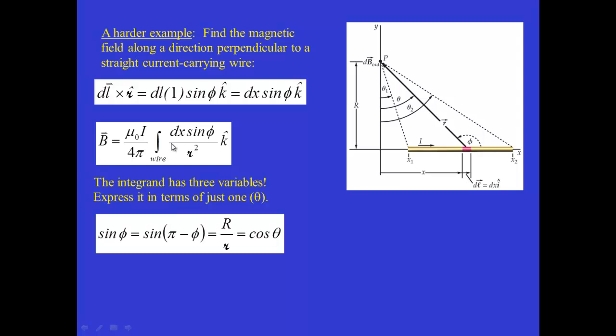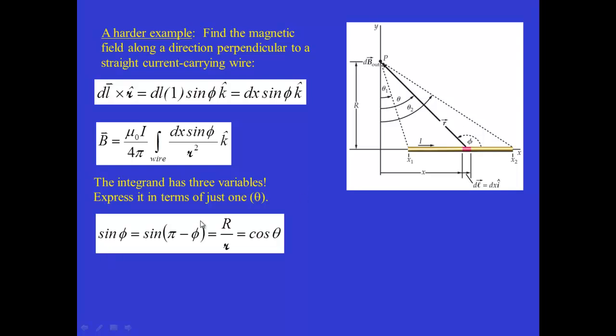So we can see that the sine of phi is actually related to the sine of theta. There's a right triangle here that has theta as the upper angle, and so the angle down here is 90 minus theta, and phi is related to 90 minus theta. Phi, in fact, is equal to 180 minus theta, because 90 minus theta plus phi has to equal 180.